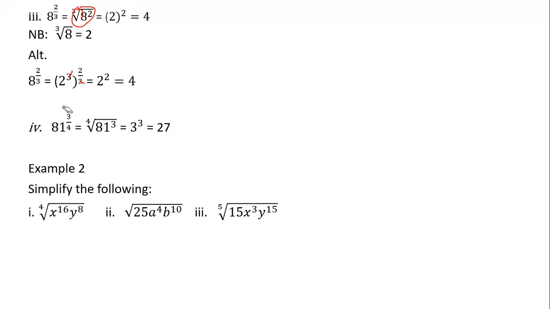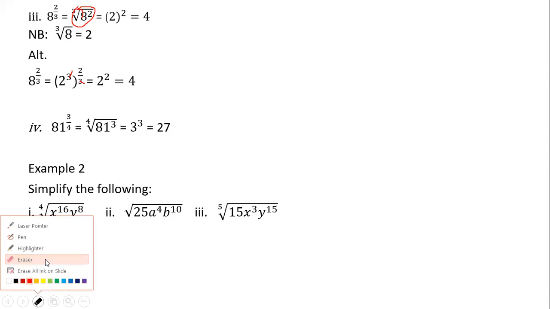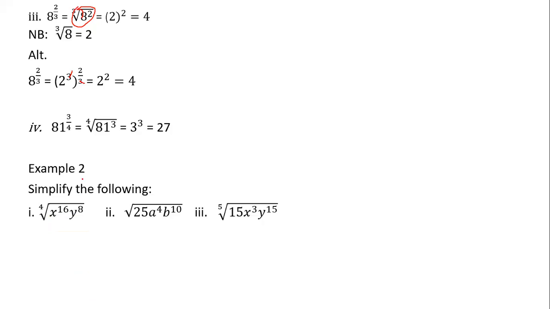So let's go to the last one. 81 raised to the power 3 over 4. In the same manner, we can express this one as 81 power 3 or power 1 over 4. Therefore, we are not going to get the 4th root, we are going to get the 4th root. So it's the 4th root of 81 power 3. That's what you see here.